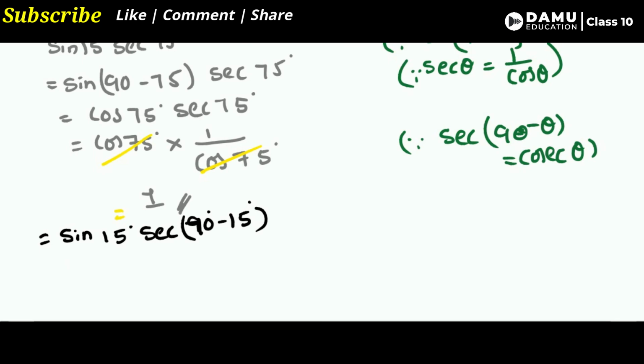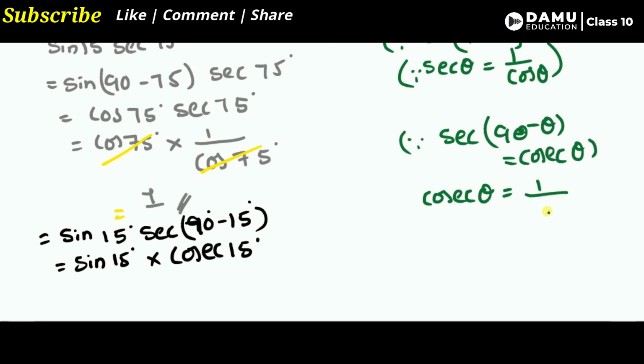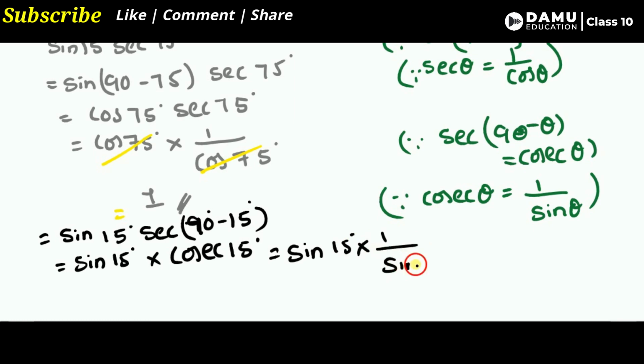The value will be equal to sine 15 degrees into cosecant 15 degrees. The formula is cosecant theta equals 1 by sine theta. So sine 15 degrees into 1 by sine 15 degrees, and sine 15 degrees cancels. The answer will be equal to 1. So like this also we can find it.